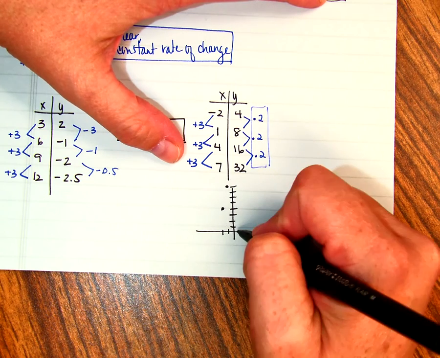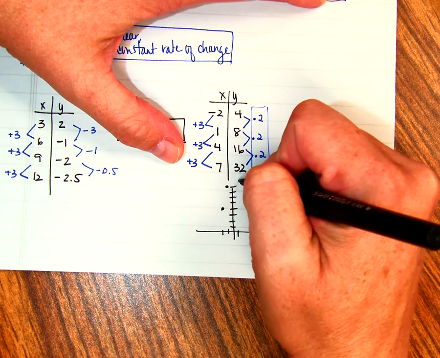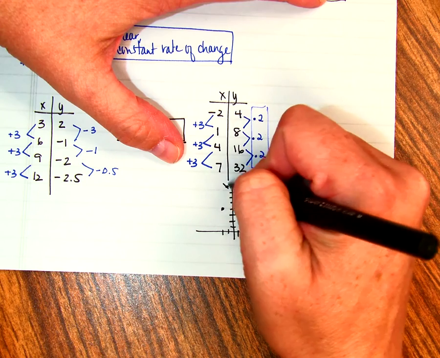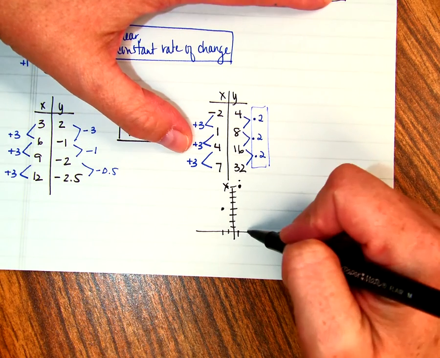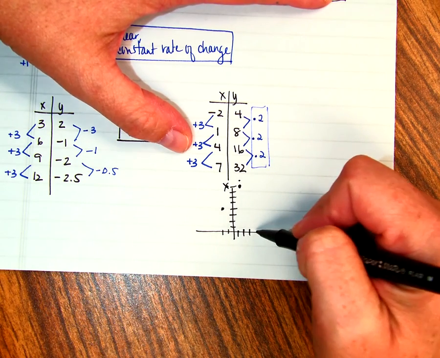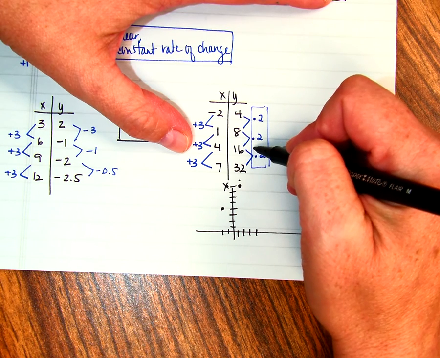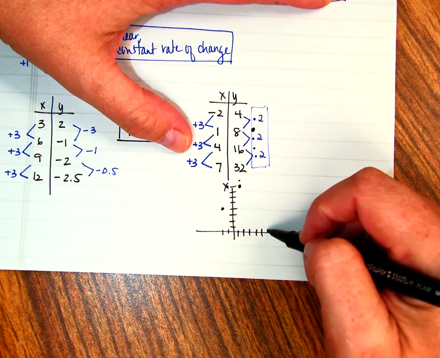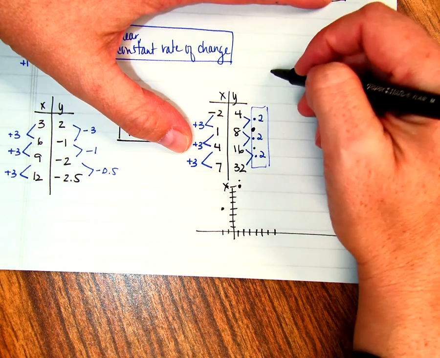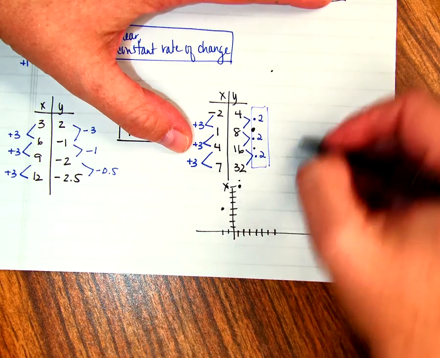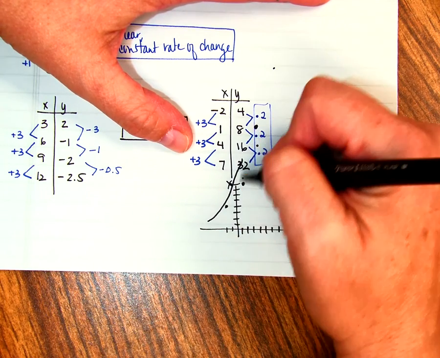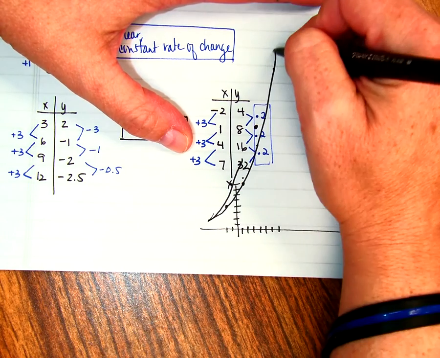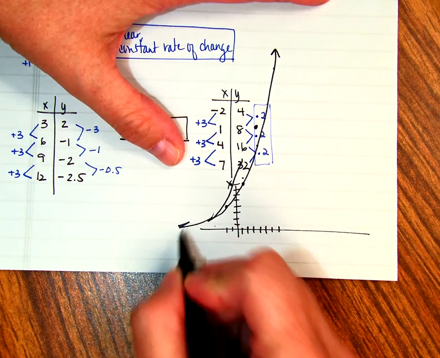Oopsie, negative 2, 1 and 8 is over here. I screwed up. 4 and 16, going way up here. 8, 16, and 32. You're going to see that it's going to be a curve that looks something like that.